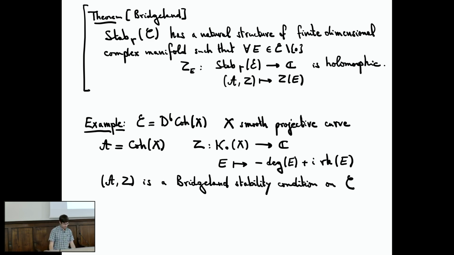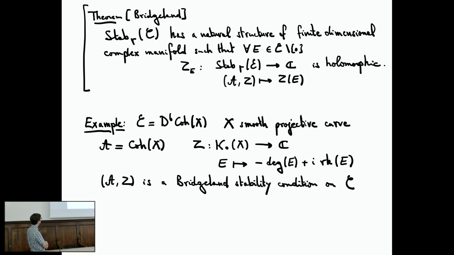So I will just end this first hour by discussing some examples of stability. Here is the most classical example: C is the derived category of coherent sheaves on a smooth projective curve X. Then there is an obvious t-structure, an obvious abelian category sitting inside, which is the category of coherent sheaves.